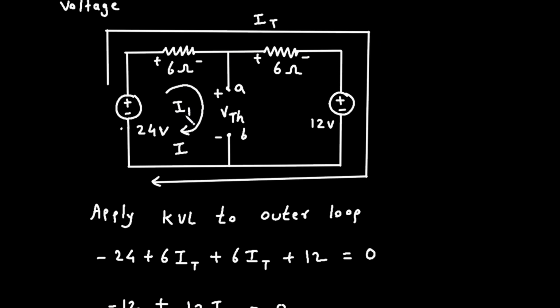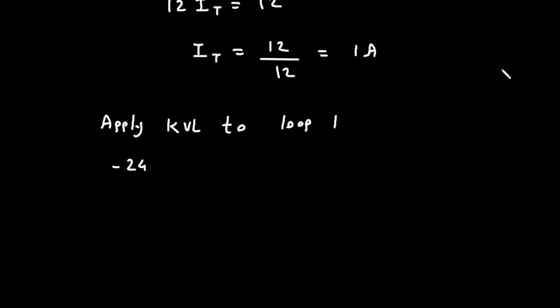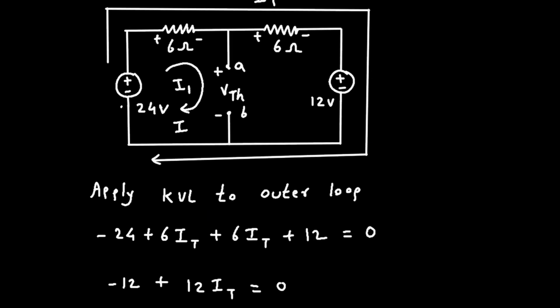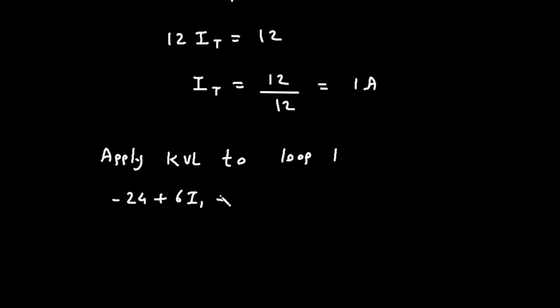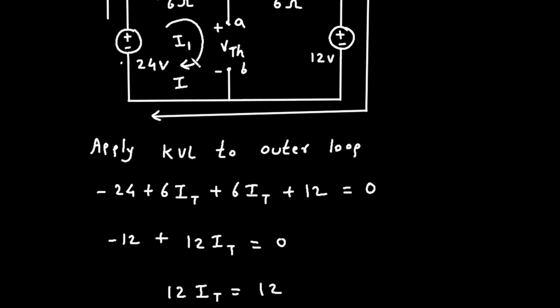So first we will write I1, then we will write IT value. So this will be minus 24, then plus 6 I1 plus 6 I1, then plus VTH is equal to 0.